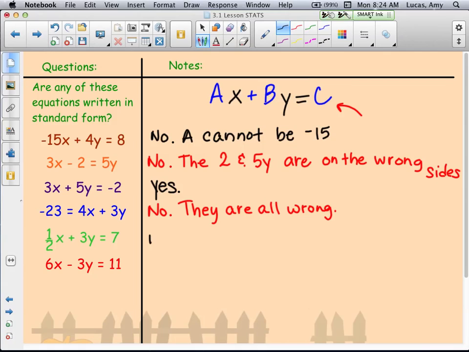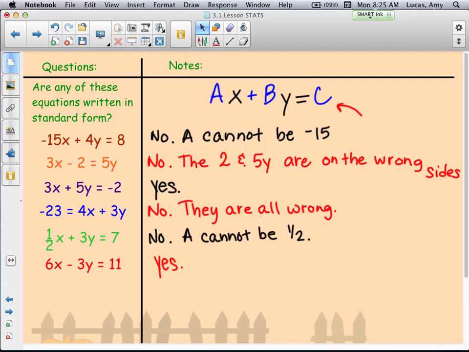The next one, no. A cannot be a fraction. And then the last one, yes, that one looks good. So hopefully you're getting the hang of it. No fractions, no negatives for a, and then the specific order has to be x then y equals plain number.